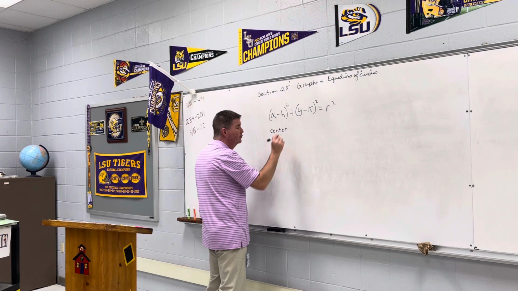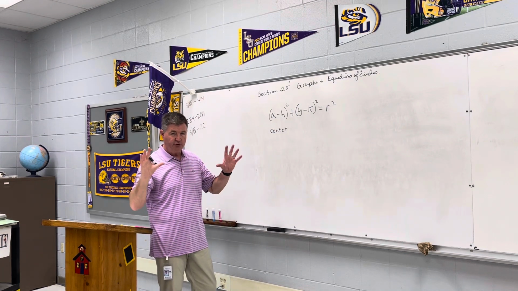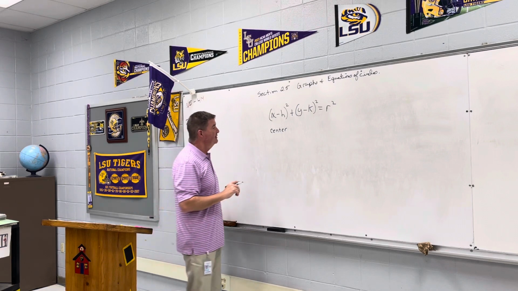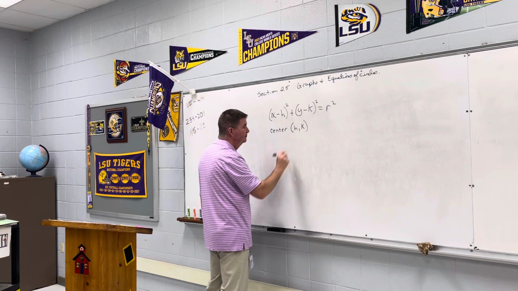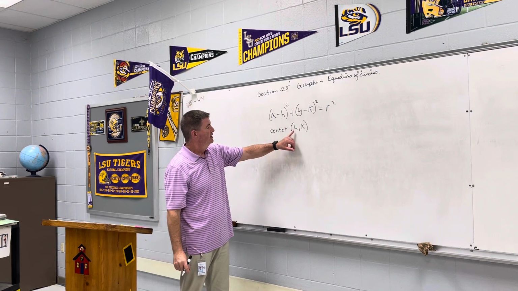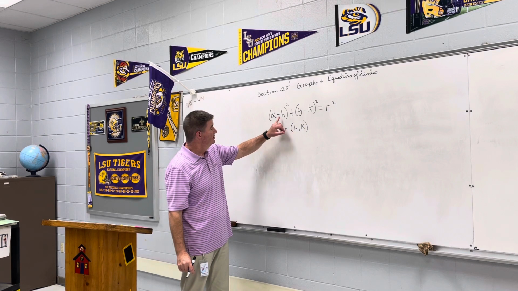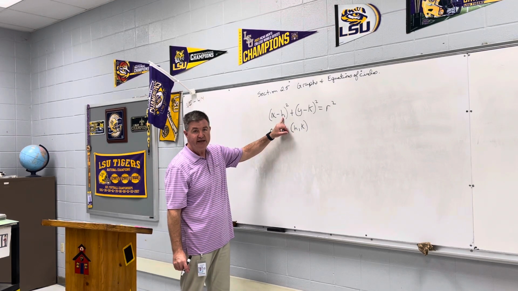The center is where the circle is located, and it extends out from the center. The center is going to be (h, k), which notice, this says x minus h. At the center, it's h. So it's the opposite of what you see in the standard form of an equation.